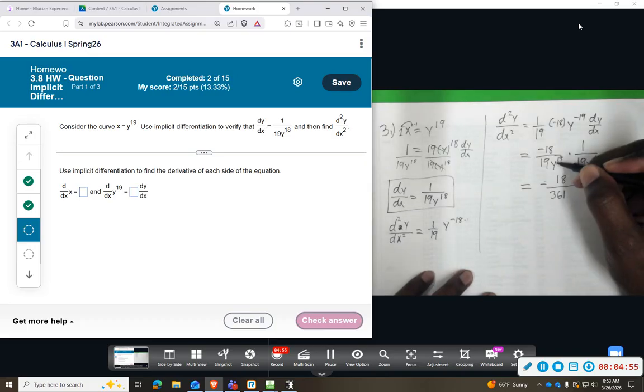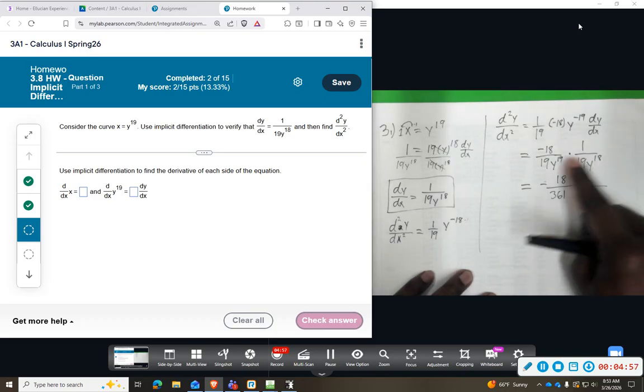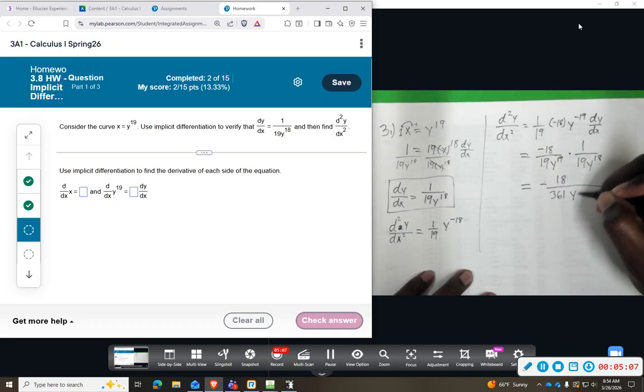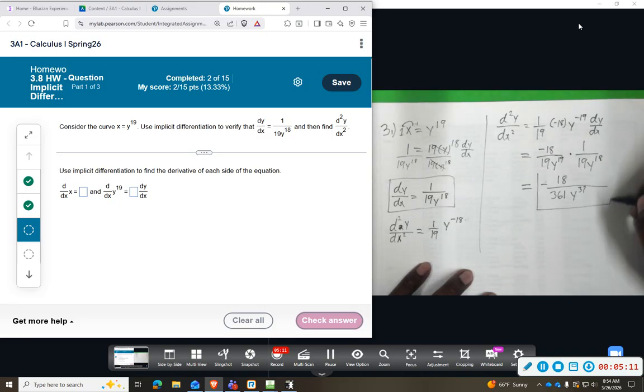And then y times y, you add the exponents, 18 and 18, 36, plus 1 is 37. So we get y to the 37th power. So here is our second derivative.